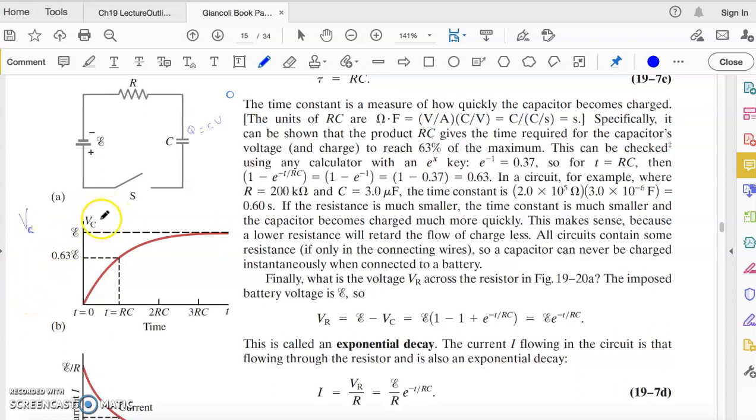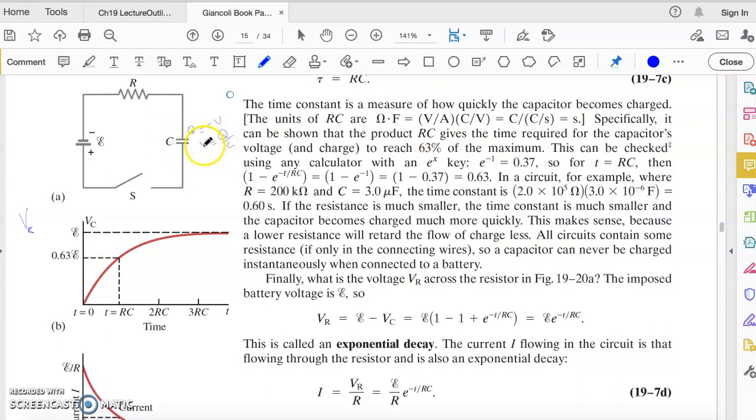So this is the voltage across the capacitor. What is the voltage across the capacitor? It is equal to Q divided by C, right? So C and R are given values. For example, the C is 1 microfarad or 10 microfarad or whatever. It is a given value.